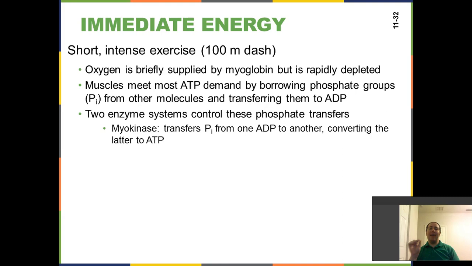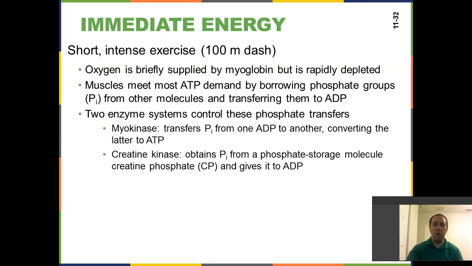And we get the energy out of the ATP by cutting one of them off. When you cut one of them off, you now have ADP, adenosine diphosphate. And so we need to find a phosphate somewhere that we can stick on to our ADP in order to convert it back into ATP.